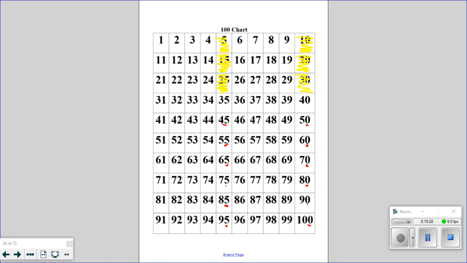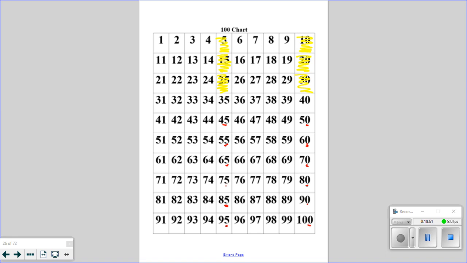So I'm never going to have a multiple of 5, a skip count of 5, that's going to end in any other digit other than 5 or 0, because my counting, my numbers are arranged in groups of 10. Thank you to those who are making eye contact with me and actually listening.